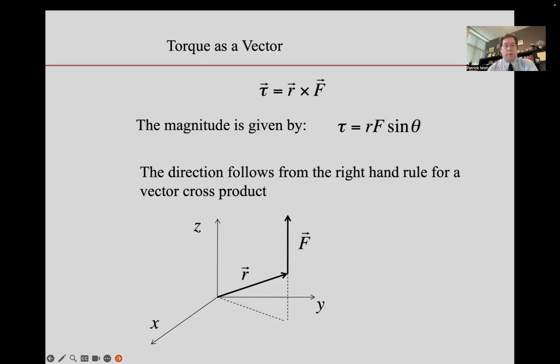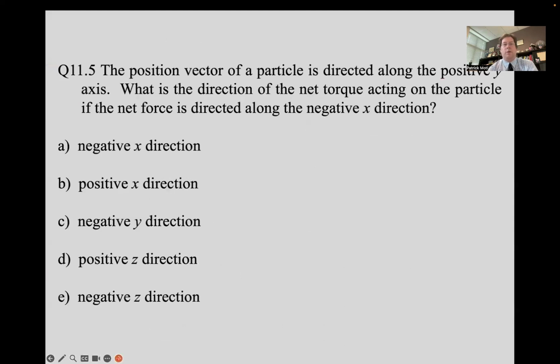All right, let's try this out with a couple motivating questions. So I have a position vector of a particle directed along positive y. What is the direction of the net torque acting on the particle if the net force is directed along the negative x direction? And you've got all of your choices: X, Y, and Z, positive, negative for each.